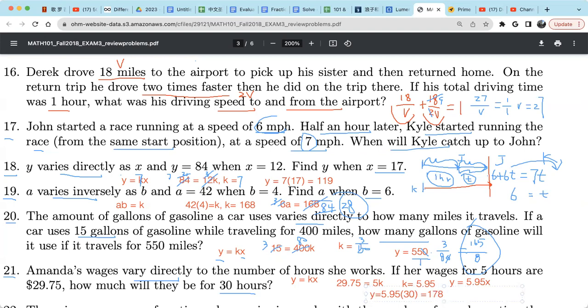So 1780, because that's a 0 with 3. But we have 2 decimal points, so we take 2 places to put our decimal point. So the money is $17.80.